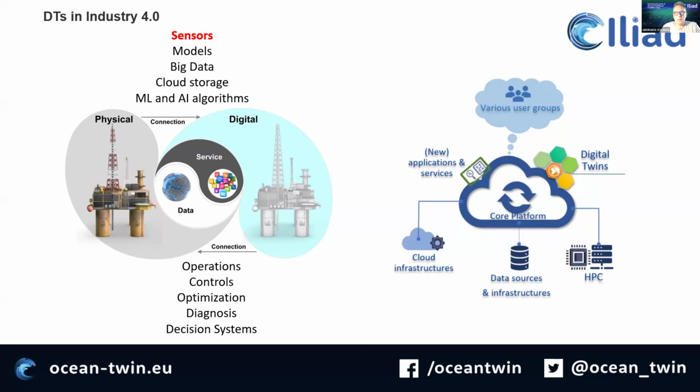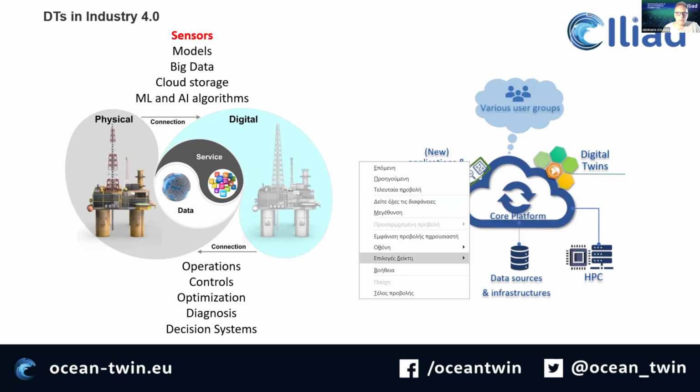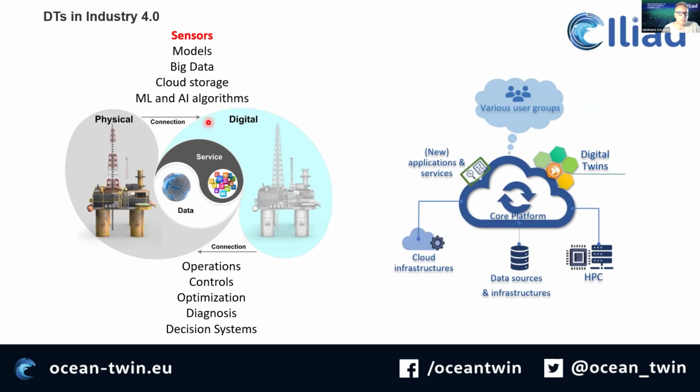Just a very quick, brief overview of how the sensors fit in a digital twin. As you can see, the digital twins are the new ideas that we have now in the framework of Industry 4.0. And we have the physical and the digital space in a digital twin. And what we are trying to do is to interrelate these two spaces. And to do that, to move from the physical to the digital ocean or to the digital world, we need to have the sensors.